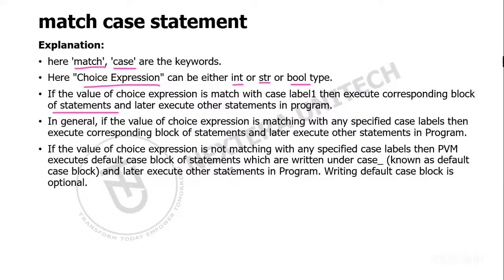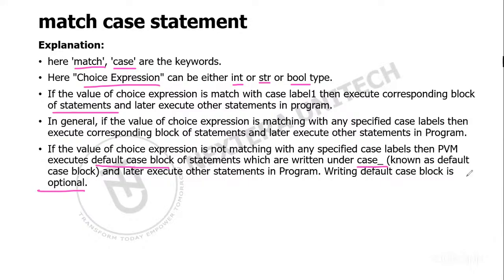If none of these labels match with the choice expression, the default block gets executed. What is this default block? It is nothing but case underscore. And this default case block is optional. It is not mandatory.